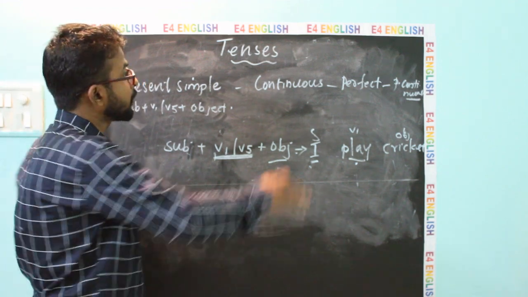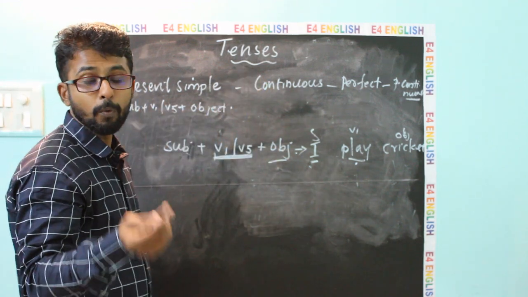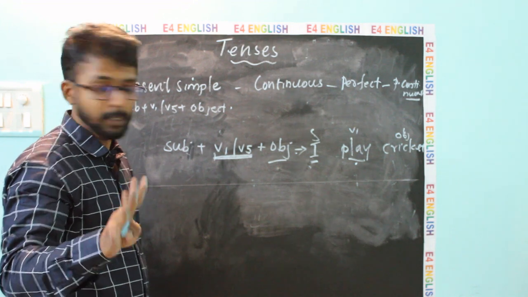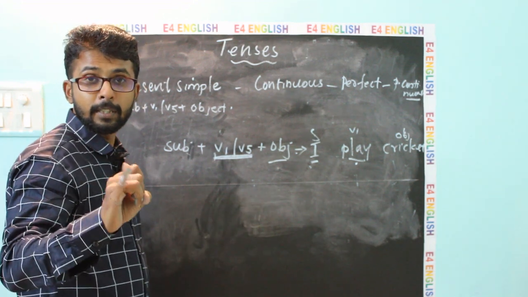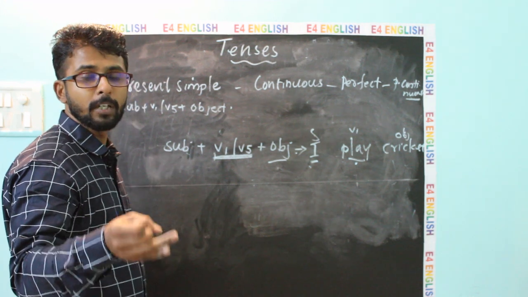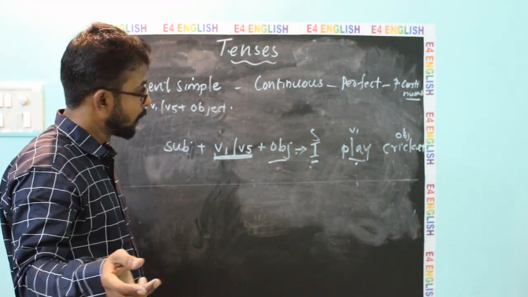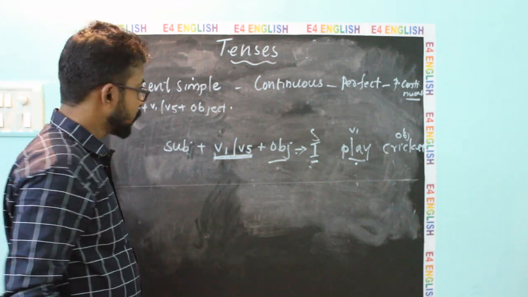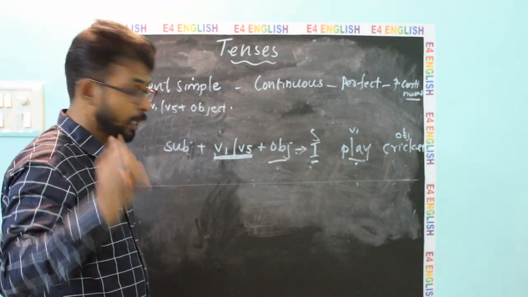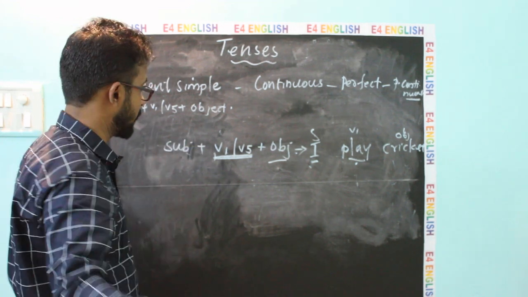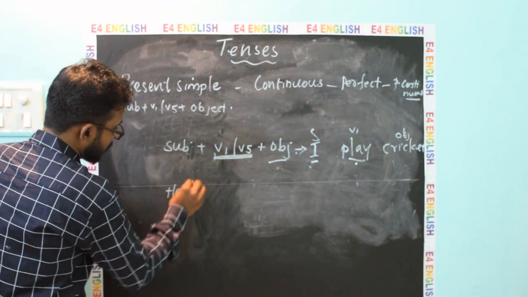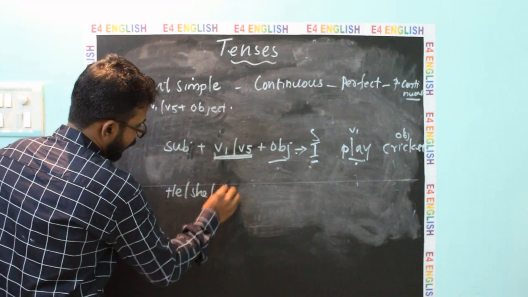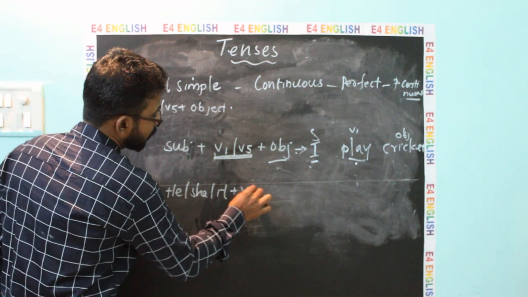Previously, in the beginning itself, I have already told you about three types of persons, right? First person, second person, third person. In that, first person is I, we; second person is you; third person is he, she, it; and third person plural is they. With the third person singular, he, she, it, we will use V5.